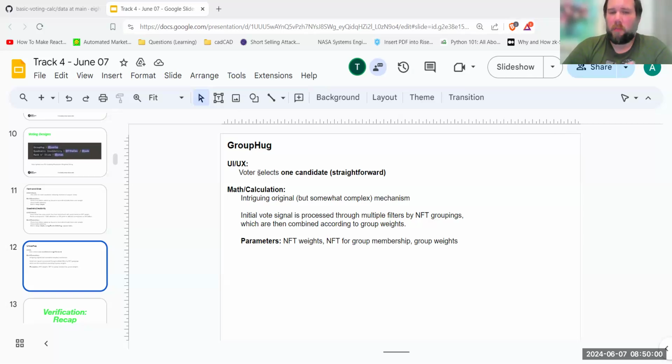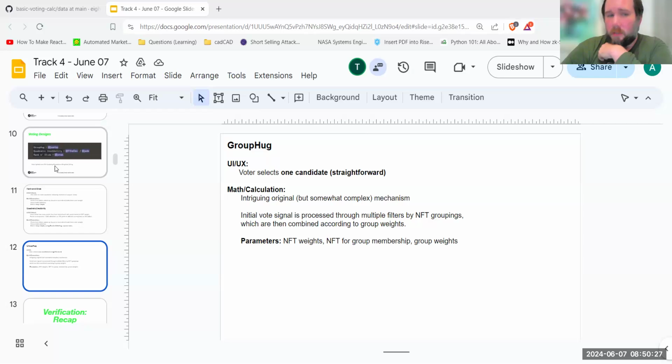And then where it becomes more complex is in the filtering process, where these are filtered into separate boxes and then combined, counted separately. And then those separate results are combined again via group weights. So this one has the simplest user interface, but the math and calculation are more intricate and very original.